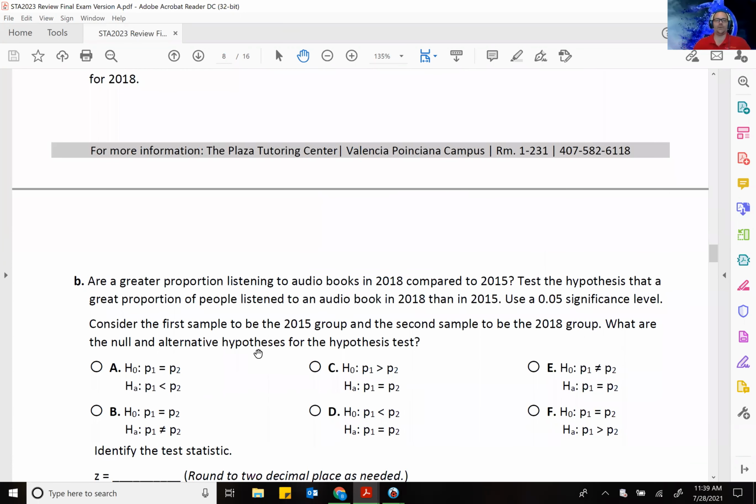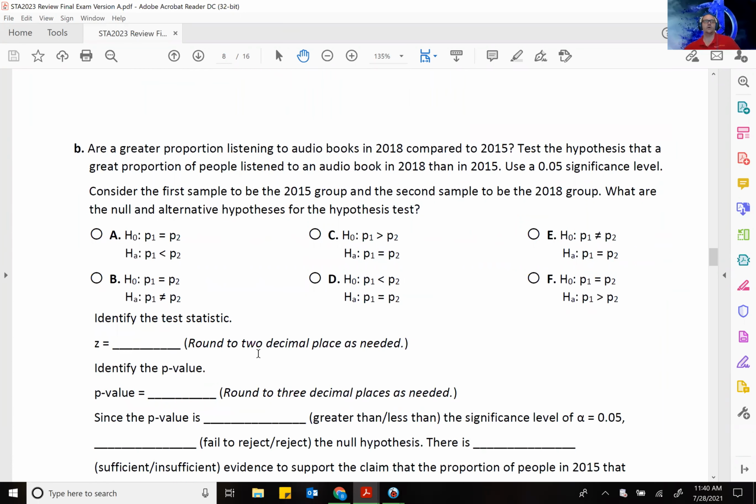All right, part B. Is a greater proportion listening to an audiobook in 2018 compared to 2015? Test the hypothesis with a greater proportion. I think that's supposed to be a greater proportion of people listening to an audiobook in 2018 than in 2015.